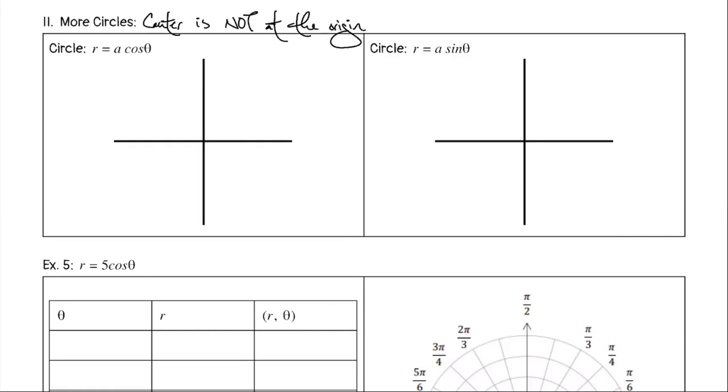So r equals a cosine theta. Now, a is going to be a number: 2, 3, -5, 14, but a is going to be a number, okay? And it turns out when we have a number times cosine theta, we're actually going to end up with a circle that is symmetric about the x-axis.